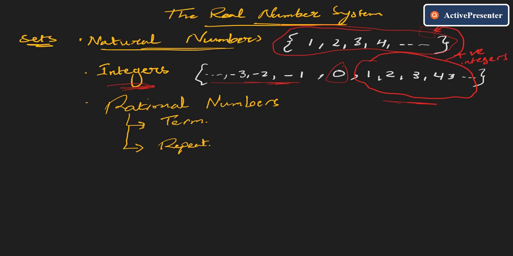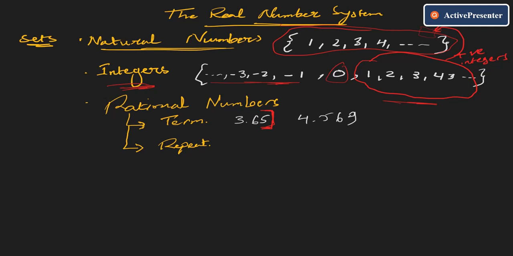So, if we take an example of terminating, we can say 3.65. This is terminated, so there is no number after this decimal. Another example, 4.569. This is terminated.